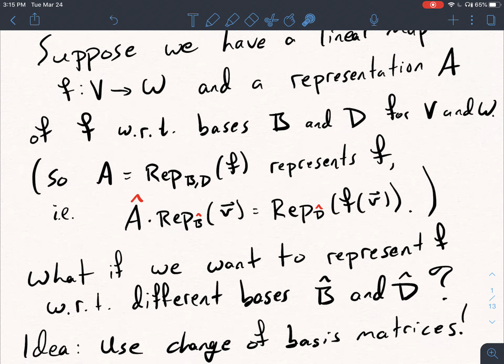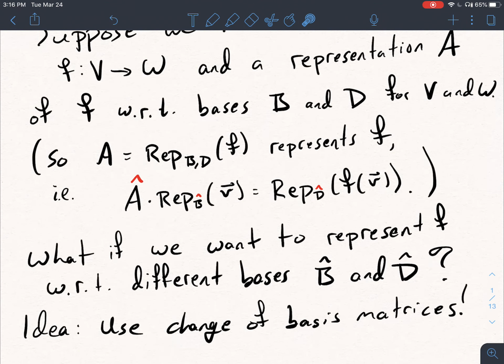So we have three different matrices, and we take a product of those three, and that'll take us from B hat to B to D hat. And I'll explain more what I mean by that shortly. Anyway, let's get rid of these hats here.